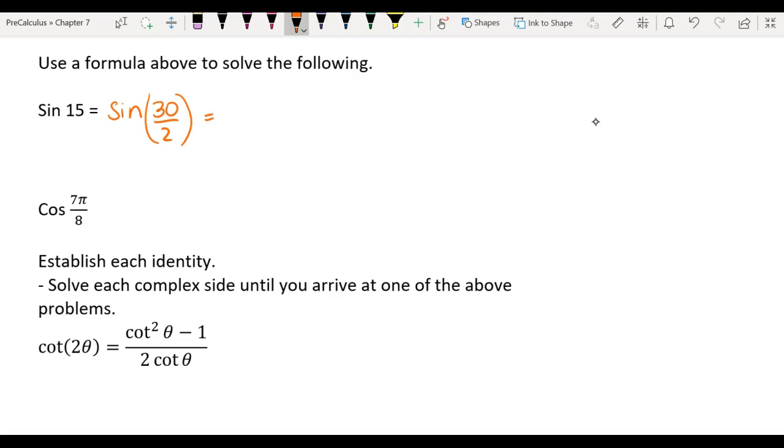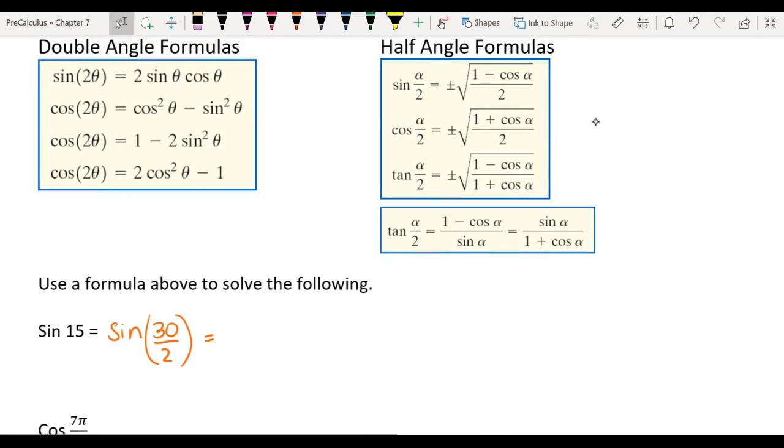Then I would go to my formula above, okay? This alpha is the 30 degrees. So when I see alpha over here, I plug in 30 degrees. So it's going to be positive or negative square root of 1 minus cosine of 30 divided by 2.